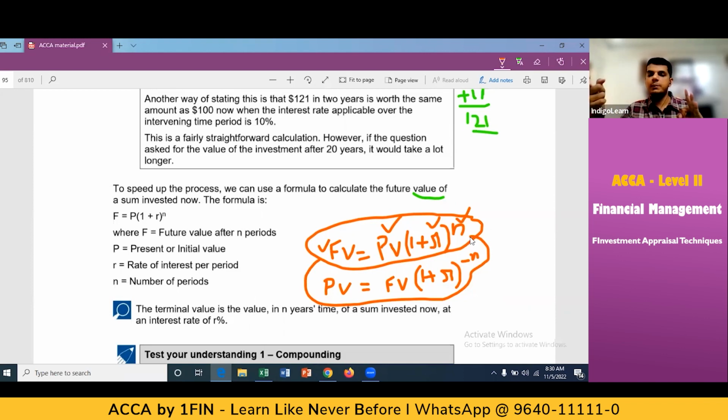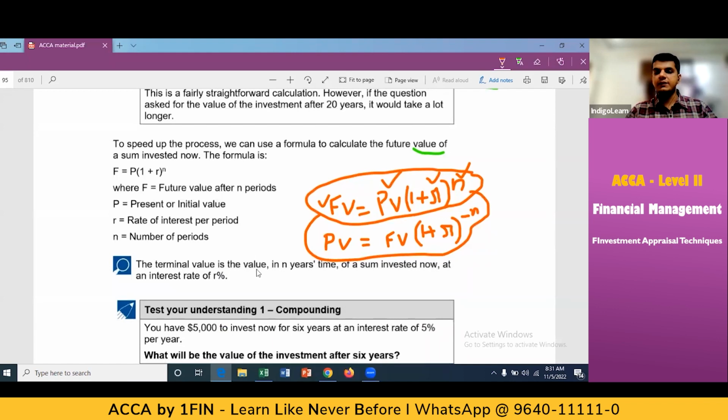If you have to go above that, then you have to use this formula. So don't avoid the formula thinking that in any case I will be given the discounting table. Formula is important because sometimes the coverage of the table is not enough to cover your questions.